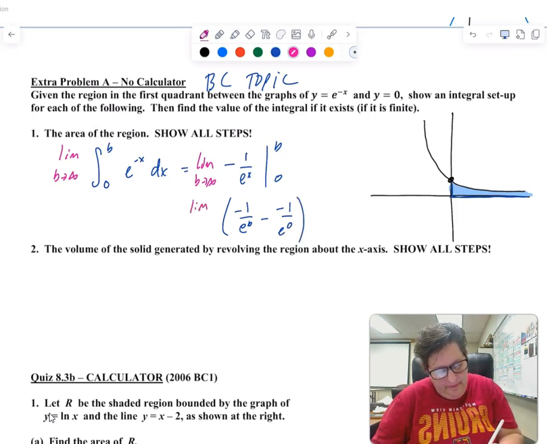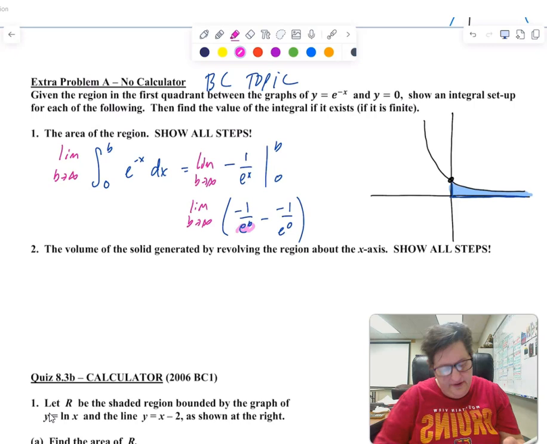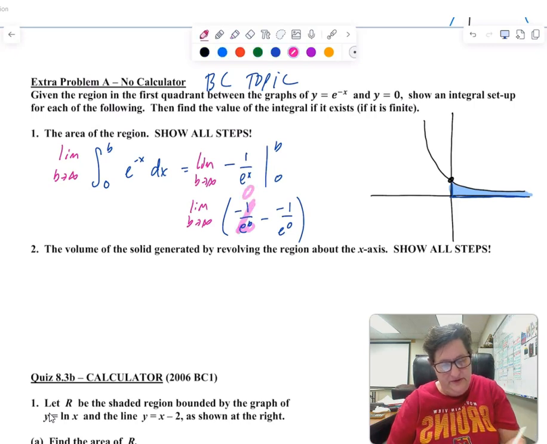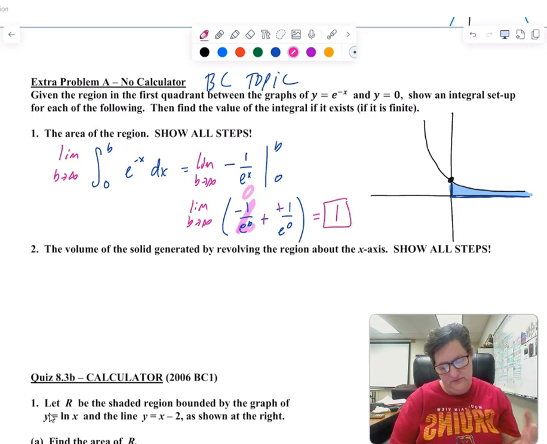Limit as b goes to infinity. Well, as b goes to infinity, that's going to go to an infinitely large number, and 1 over an infinitely large number goes to 0. Then over here, e to the 0 is 1, so this ends up being plus 1 over 1. Okay, so even out to infinity, that's 1.